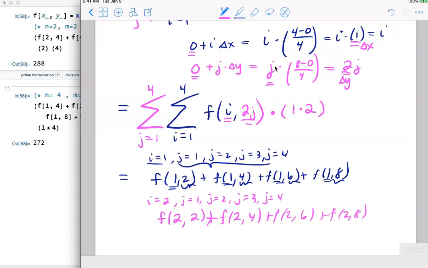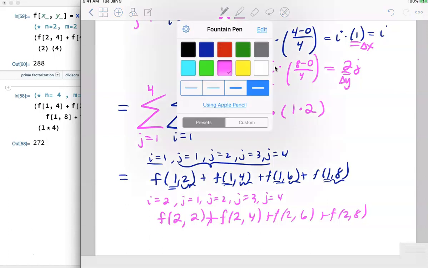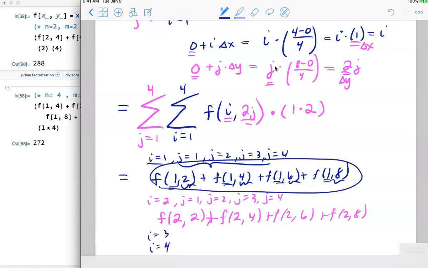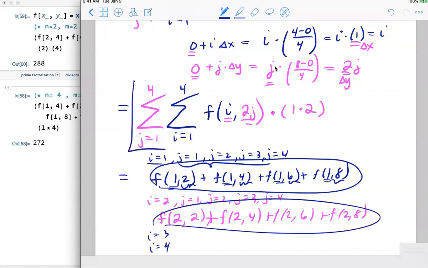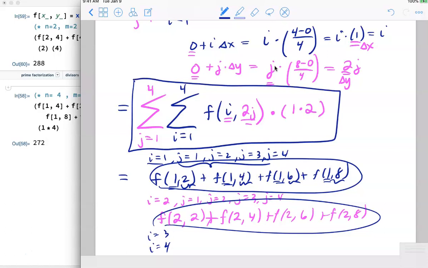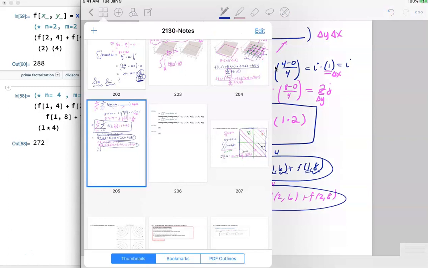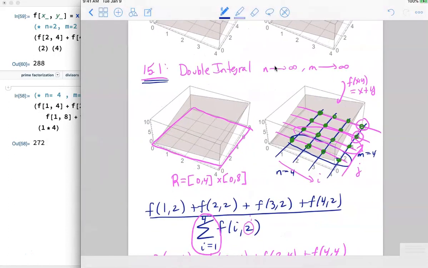And I hope you can see that we can then continue i going from 1 to 4, and we'd get the i equals 3 and i equals 4 columns. And then we would get all of the function values that we needed. So here's a really condensed notation for the Riemann sum that was shown here in the picture.